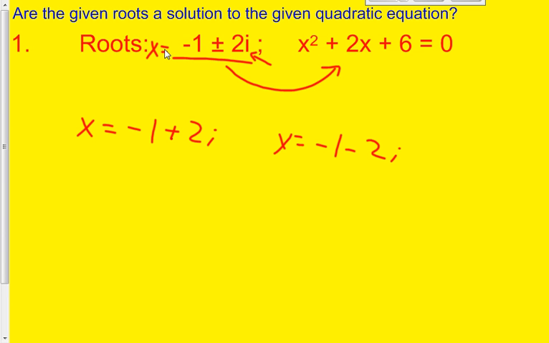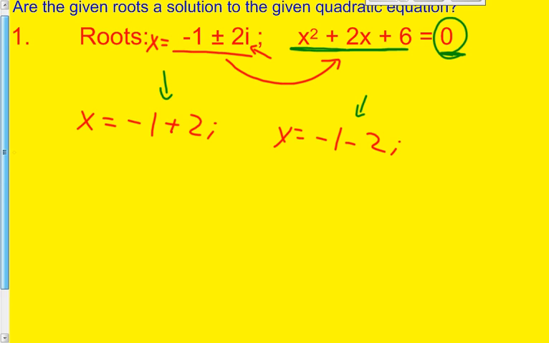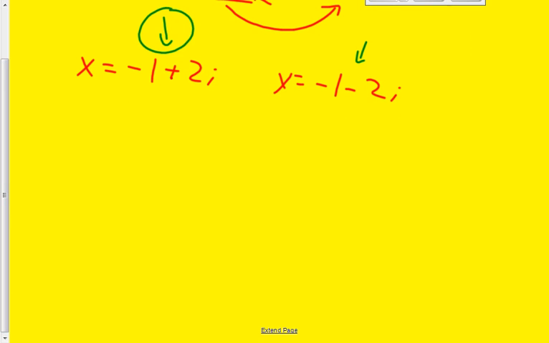Now class, like I said, another way of saying the root of a function is the zero of a function. We want to get a 0 over here on the right side, because we have a 0 over here. So we want everything to the left, and we want a 0 off to the right. So if I want to get a 0 over on this right side here, I need to add 1 and subtract 2i.